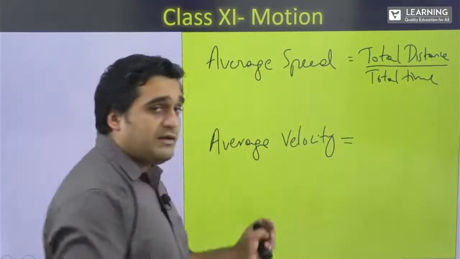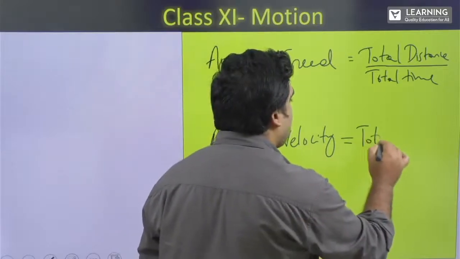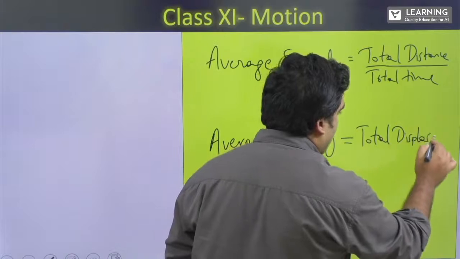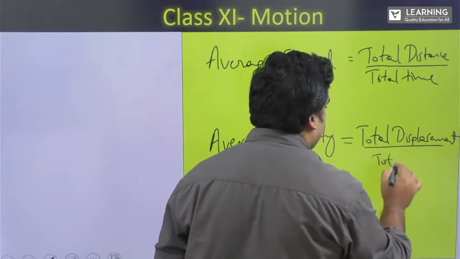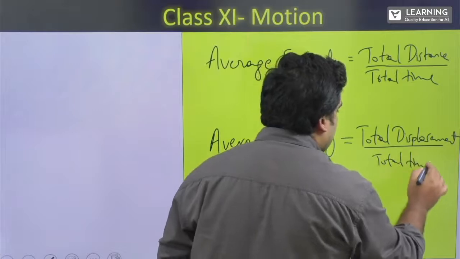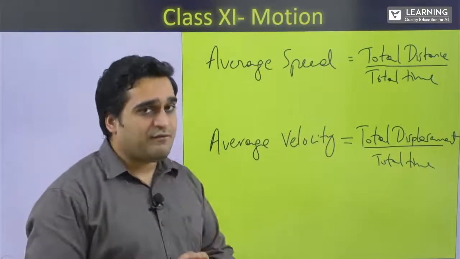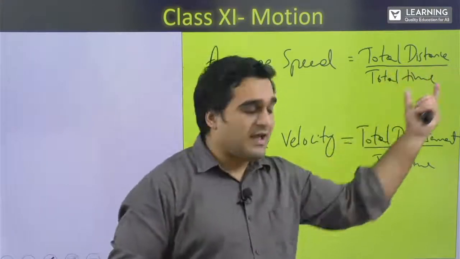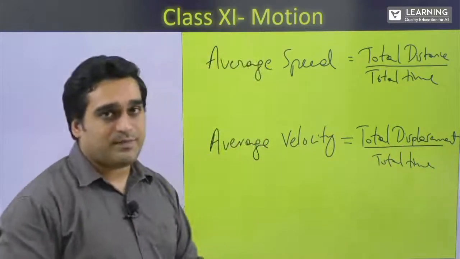On the other hand, average velocity is defined as total displacement divided by total time. So you see there's a difference between average speed and average velocity. Average speed relies on distance and average velocity relies on displacement.